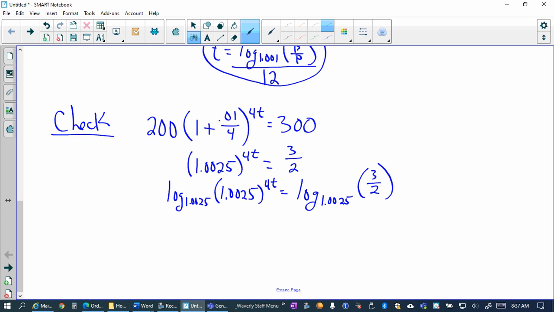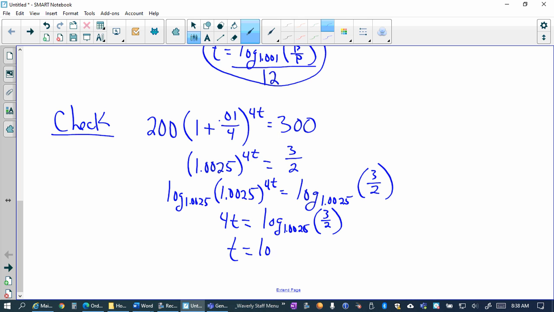Of course, again, on the left-hand side, the log of the same base undoes the exponential function with that base. So we end up with 4t equaling log base 1.0025 of 3 halves. And then all we need to do is divide both sides by 4.